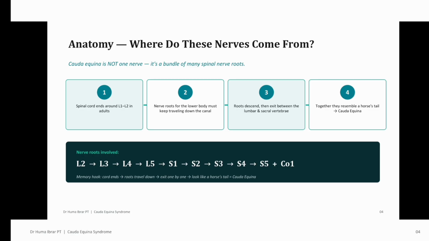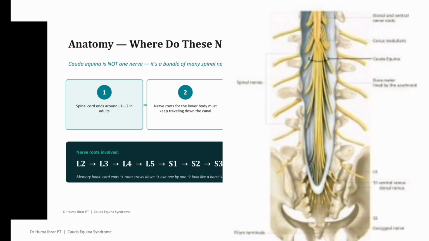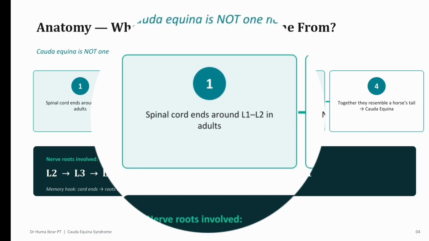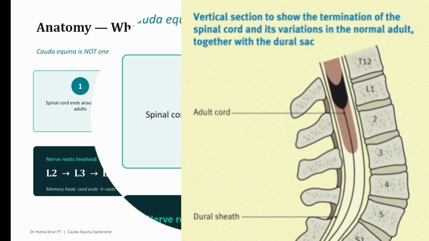Now let's talk about the nerves of the Cauda Equina. Where do they come from? Actually, Cauda Equina is not one nerve. It is a bundle of many spinal nerves. The spinal cord ends around the level of L1, L2 vertebra in adults.